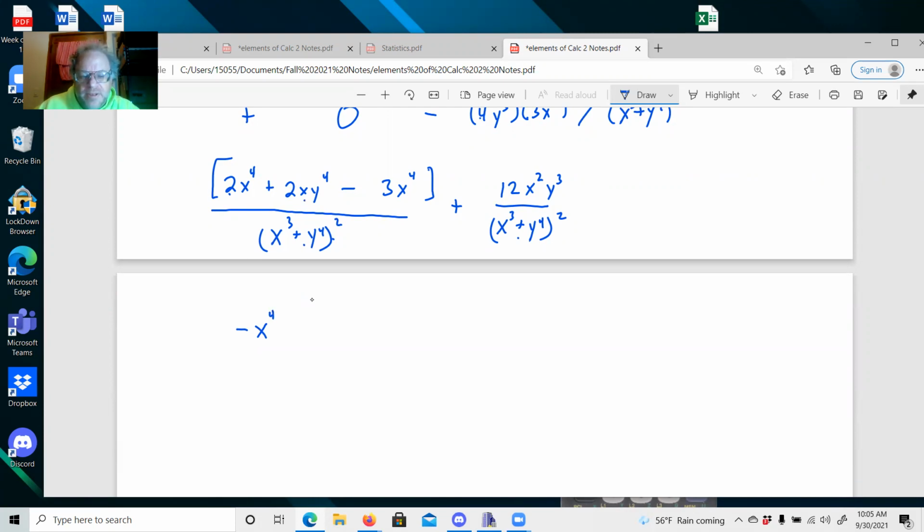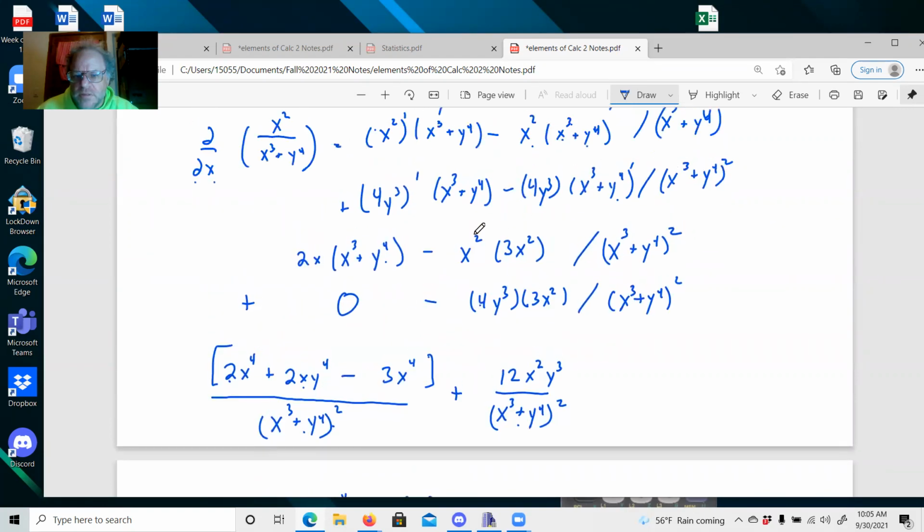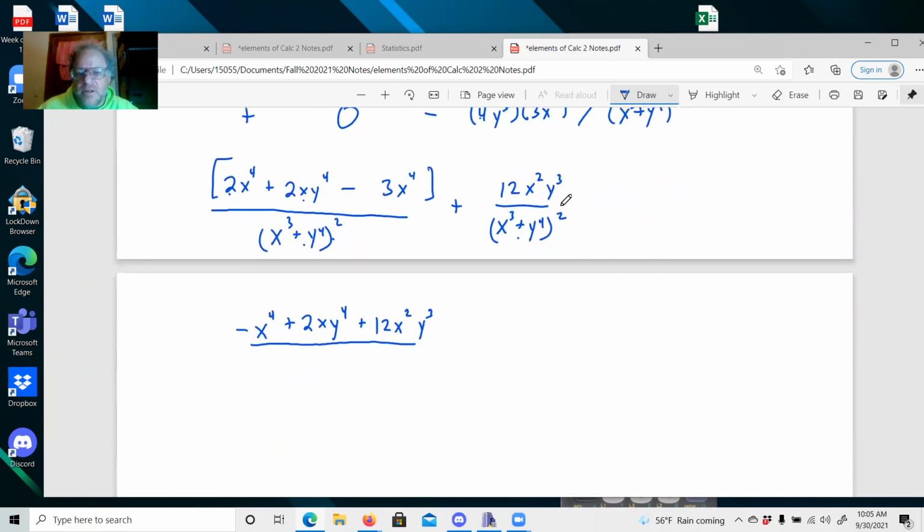I have a plus 2xy to the 4th, and then a plus 12x squared y cubed. And there's nothing else I could do with that, is there? Nope, that's a 3x, and that's just times, so 3x squared times y to the, okay, we're done.